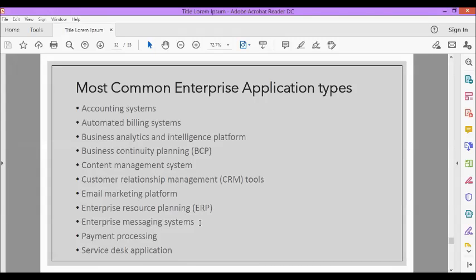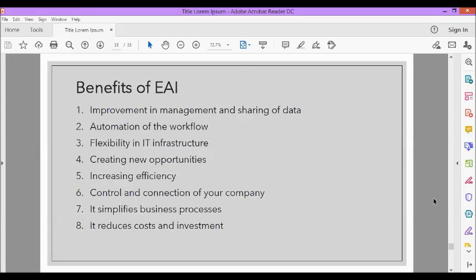Next is the service desk application, a ticket management system which allows enterprises to implement strong and effective workflows for internal and customer-facing support departments. So these are the common types of enterprise applications.